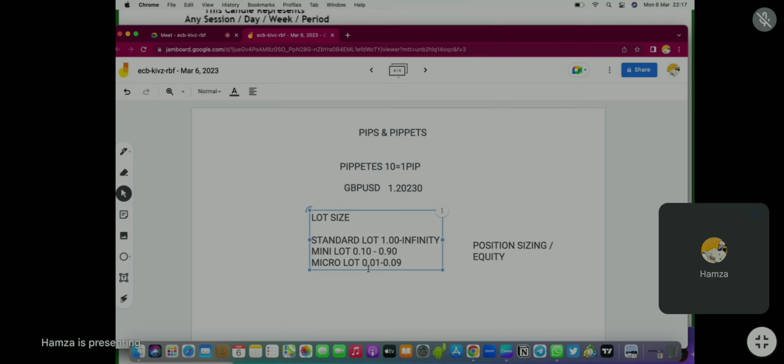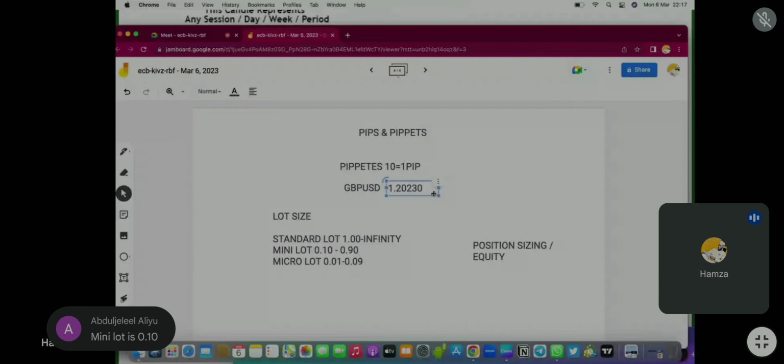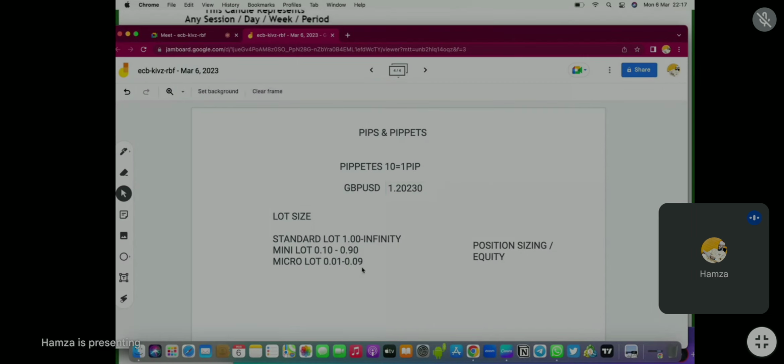Now, most of you might be wondering, what is a lot size? If you're using a standard lot, every pip counts as $10 upwards. If you're using a mini lot, your dollar count starts from $1, $2, $3, whether in profit or loss.